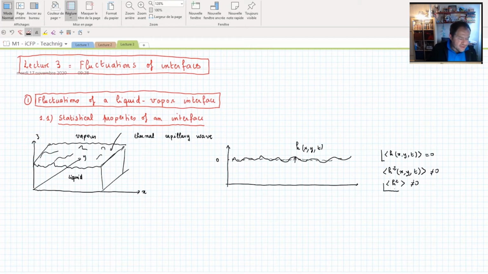So my first question is, can you make a guess of the amplitude of this fluctuation?